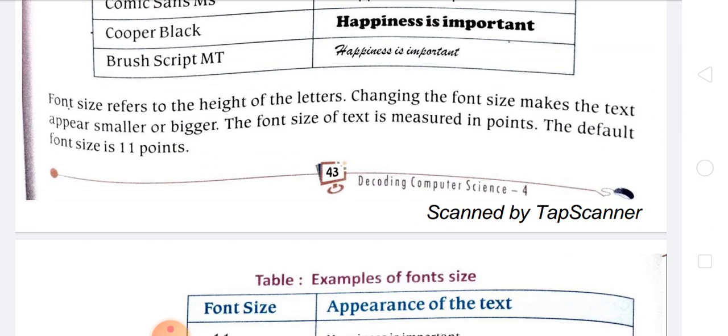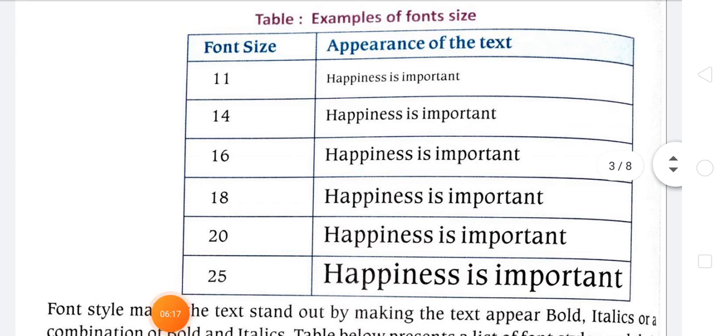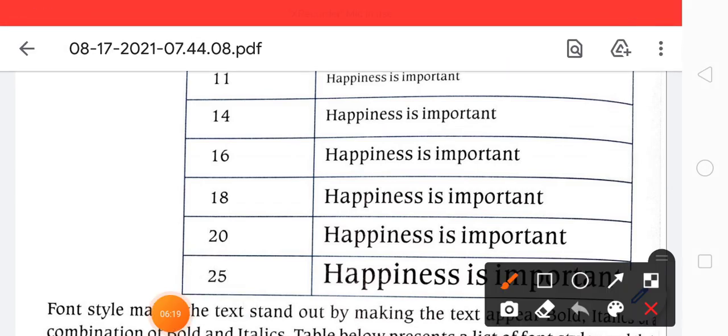Font size refers to the height of the letters. Changing the font size makes the text appear smaller or bigger. The font size of text is measured in points. The default font size is 11 points. So here you see, whenever you choose 11, the font size is just like this.